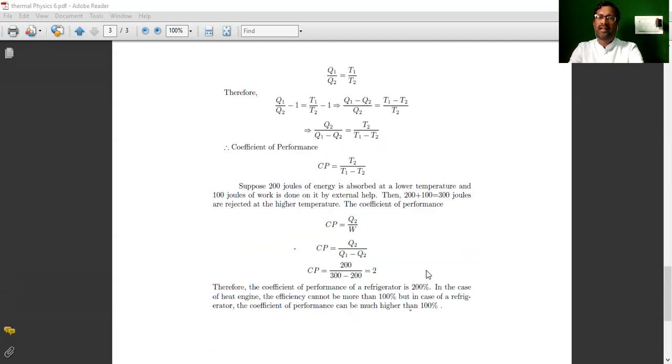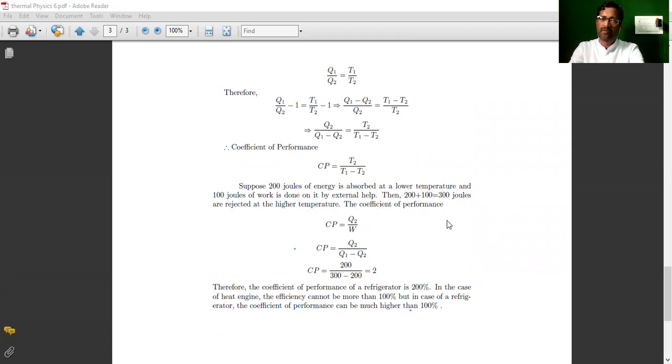Now we will give an example with some numerical values. Suppose 200 joules of energy is absorbed at lower temperature and 100 joules of work is done on it by external help. Then 200 plus 100, that is 300 joules, are rejected at the higher temperature.